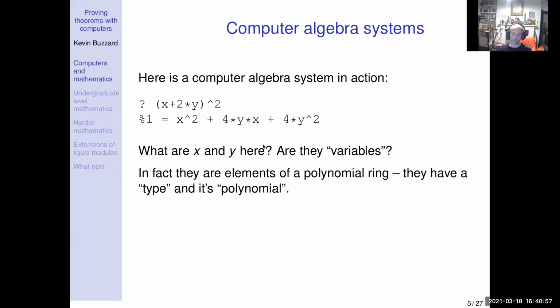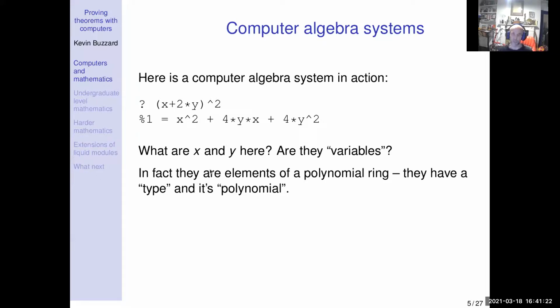So the reason that this random computer algebra system can do this is because you kind of think in your head that x is a variable, like we say things like, let G be a group, and then G is just a variable. But, let R be a ring and let x be an element of R. But really, that's not what's happening. The computer algebra system is just assuming that these things are polynomial rings, elements of polynomial variables in polynomial rings.